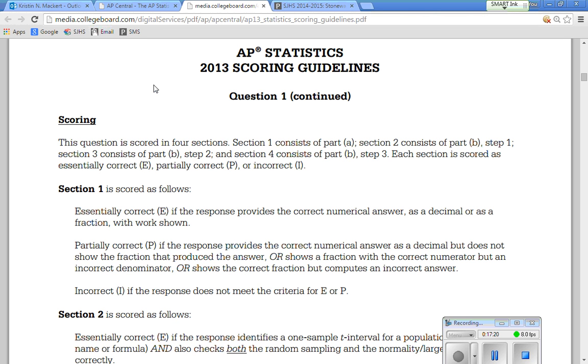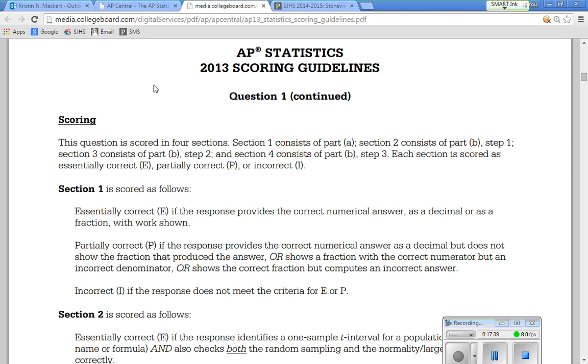Okay? So partially if you provided the correct numerical answer as a decimal but do not show the fraction that produced the answer, or show a fraction with the correct numerical numerator but incorrect denominator, or show a correct fraction but compute an incorrect answer.